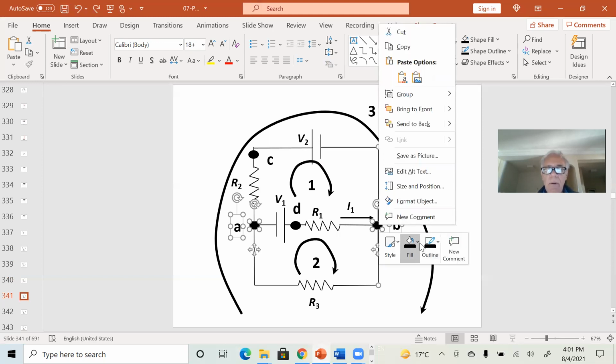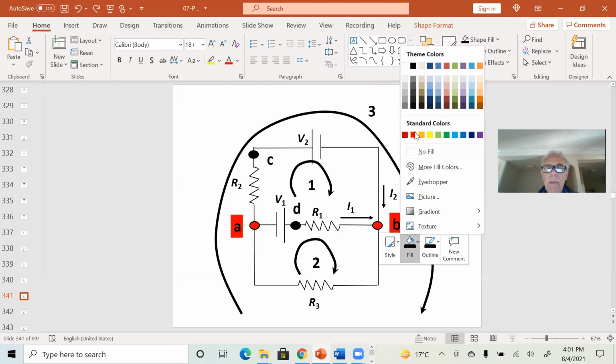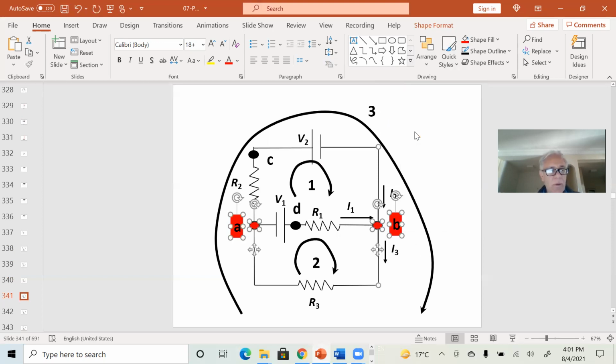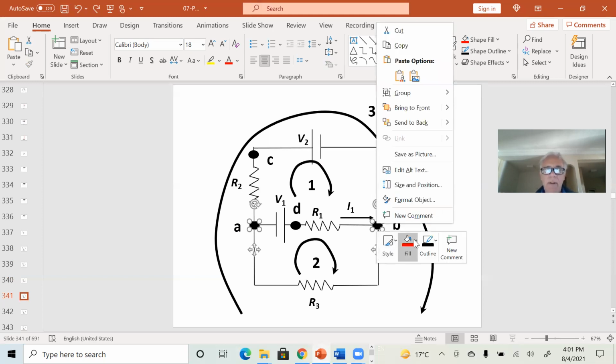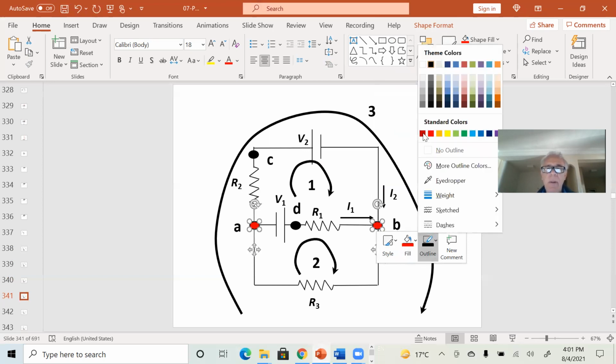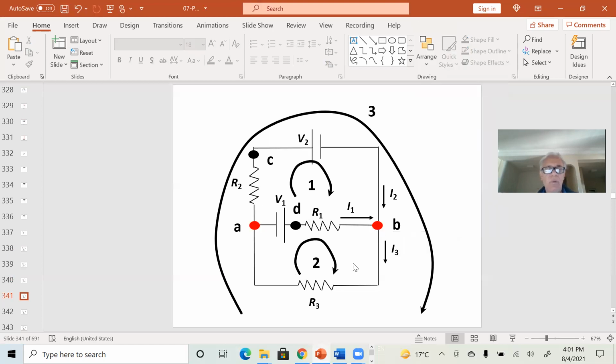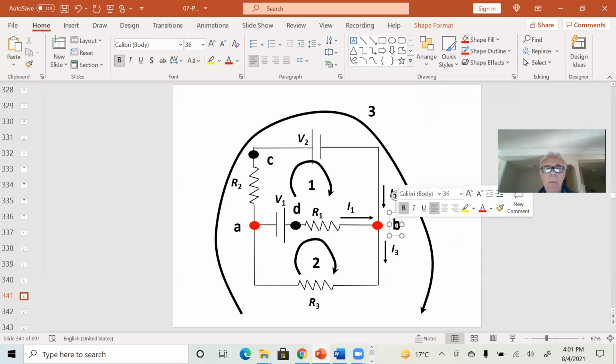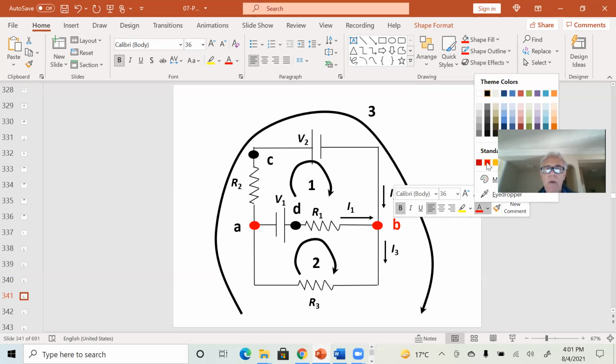I'm just giving them different colors so you know that they're different type of points, more important type of points, because they're the nodes. I'm going to give the letters a different color as well. But you are still going to use them in the solution of this problem.